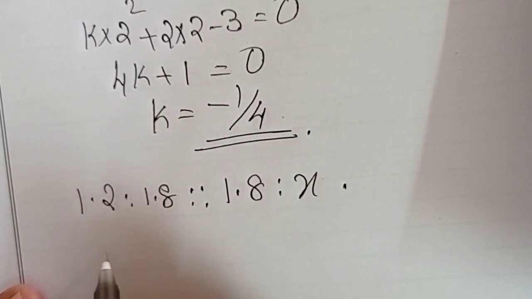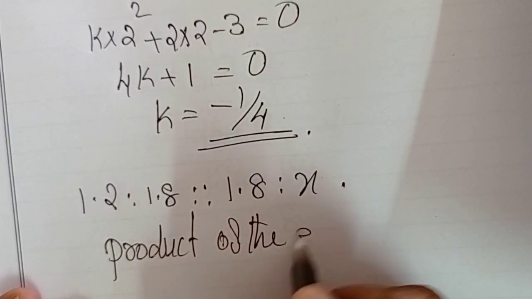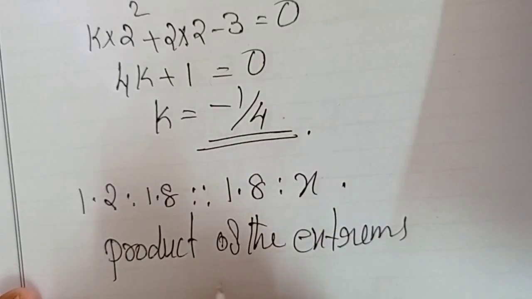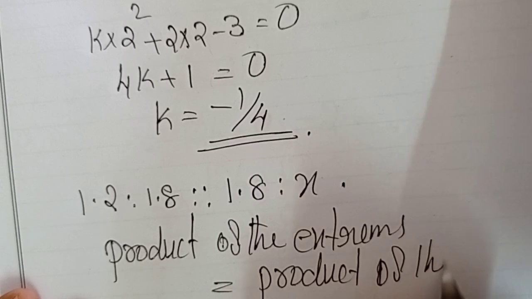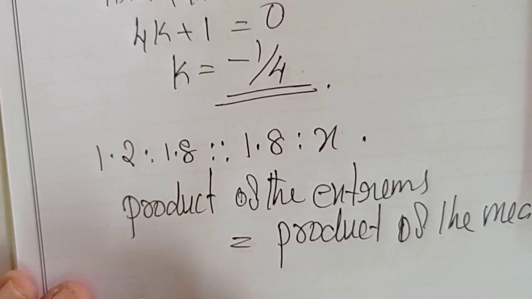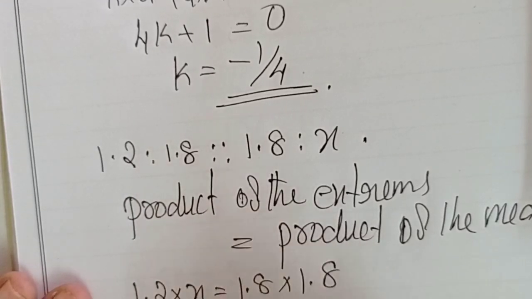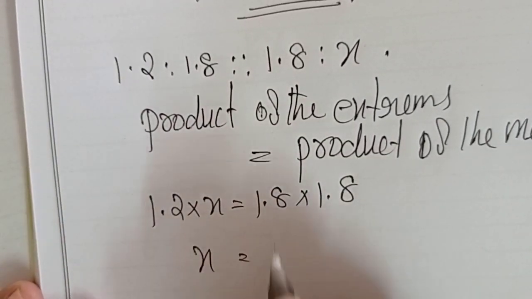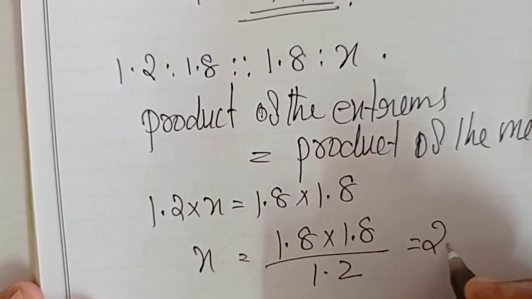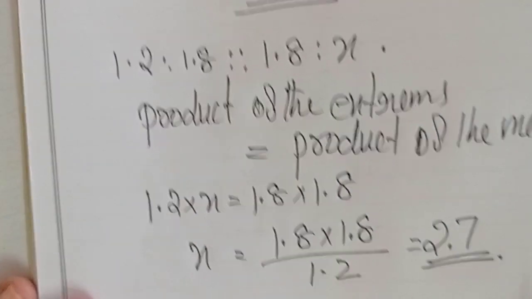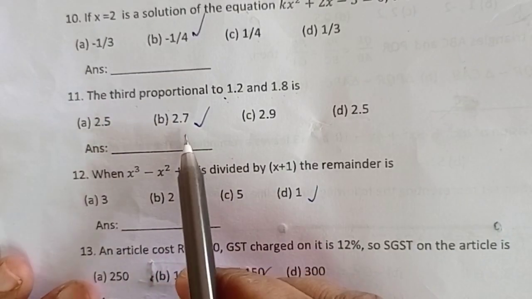Then we apply this condition: product of the extremes equal to product of the means. That means 1.2 into x equal to 1.8 into 1.8. Therefore, x is equal to 1.8 into 1.8 by 1.2. The final answer 2.7. Do it by yourself. 1.8 into 1.8 by 1.2 is 2.7.